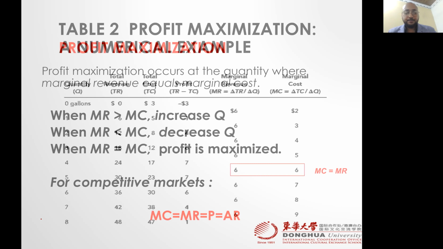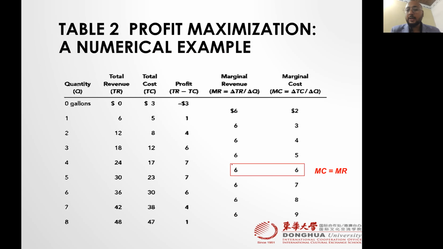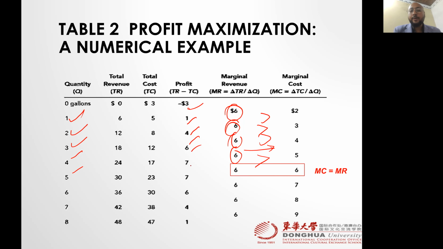If you see even the table here, if MR greater than MC, produce more. You will have more profit. If MC is equal to MR, your profit is maximum.